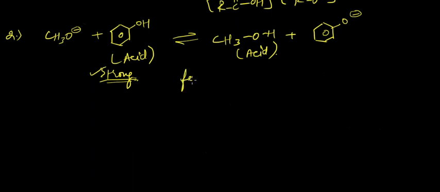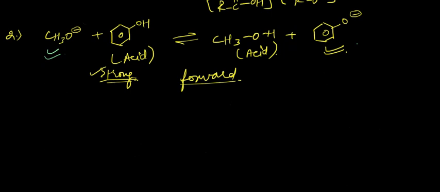Hence this reaction goes in forward direction. Okay, as this is the conjugate base of phenol and this is the conjugate base of alcohol. So the conjugate base of phenol is more stable than the conjugate base of alcohol, hence the reaction goes in forward direction.